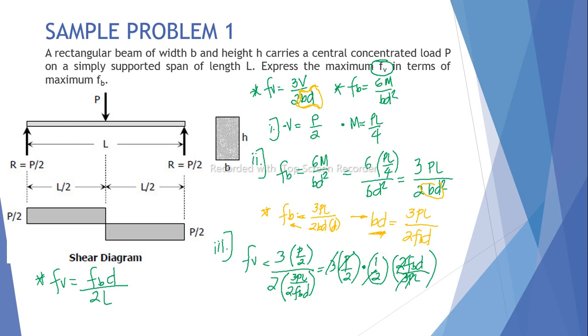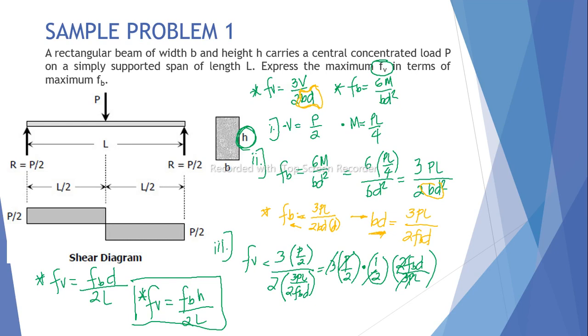And then the depth D is in terms of H. So our final answer is that the maximum shearing stress in terms of the maximum bending stress is equal to the bending stress times the depth of the beam H over 2L. This will be our answer for this particular problem.